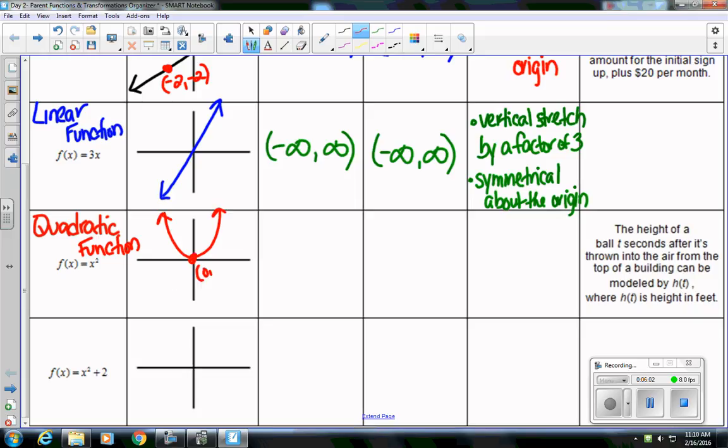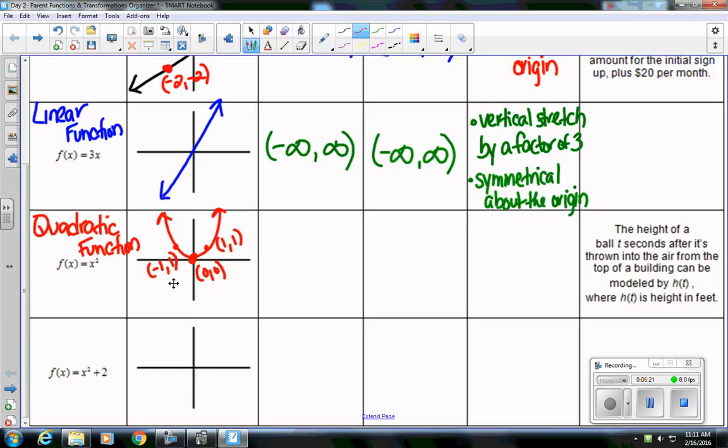It has the points (0, 0), (1, 1), and (-1, 1). Those are three key points you want to take notice of, because when there are transformations occurring, you're going to take those 3 points and move them up, down, left, right, or so on.